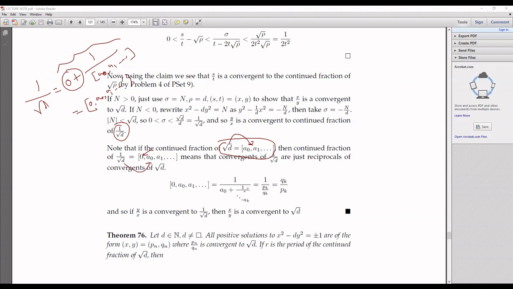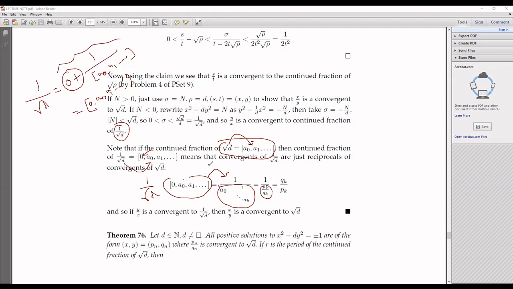So in that case, as you can see, this 1 by root d has this expansion. The 0 is omitted here because adding 0 does not add any value. And this is exactly the convergent pk by qk.